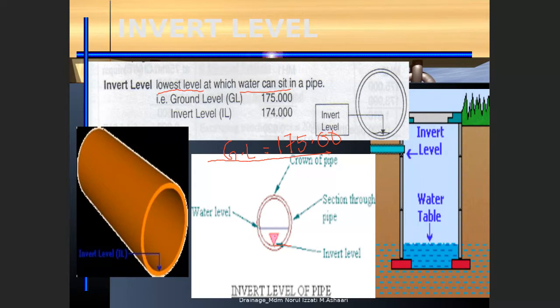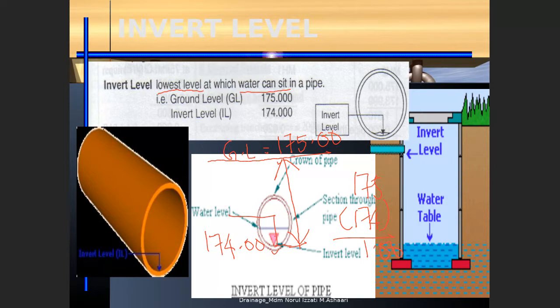You see this one is 174. So logically, how do you get the depth of this excavation? You just deduct 175 minus 174. So the depth for this particular manhole is given as 1 meter.